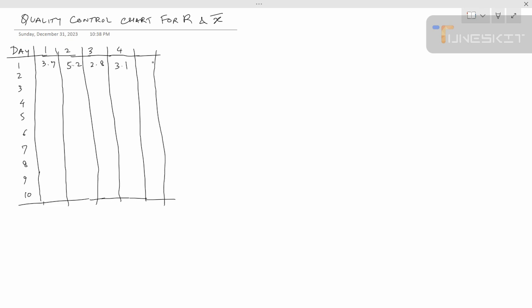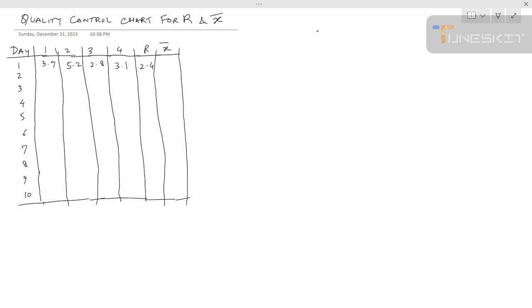So what we do to compute range and mean: to compute range we need to take the difference of the highest and the lowest value, that is 5.2 take away 2.8 gives us 2.4 minutes as the range of the time that the teller has taken in 1 hour with 4 customers.